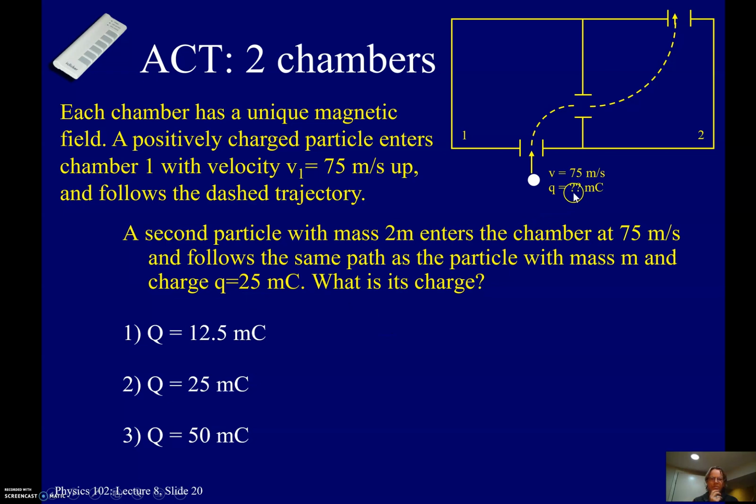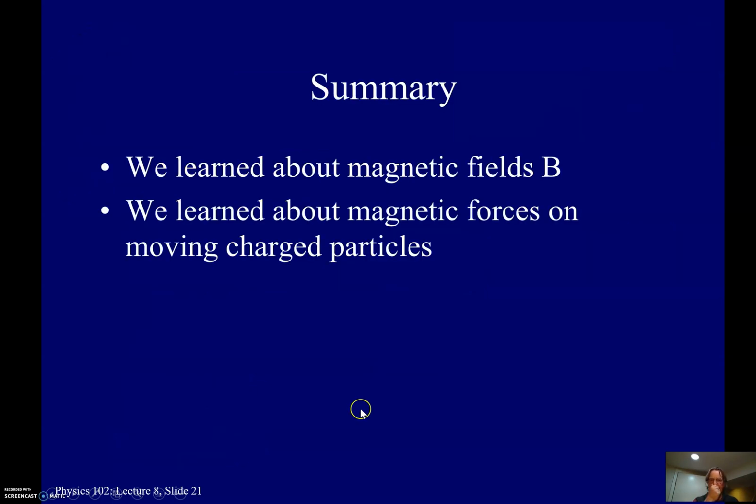So the original was 25. Alrighty, let's look at our equation here. We have the exact same r because we have the same path. We have the same velocity, and the same magnetic field. So if one is a 2m, to make the same r, you have to have a 2q. Make sense? So to come in at the same speed, in the same magnetic field, on the exact same path, a 2m has to have twice the charge, and it'll make exactly the same curve because you'd have twice the force acting on it. Alrighty, so there you are.